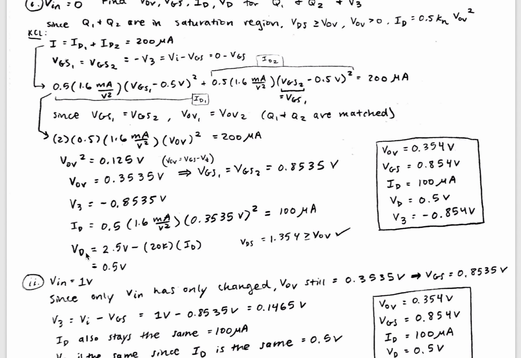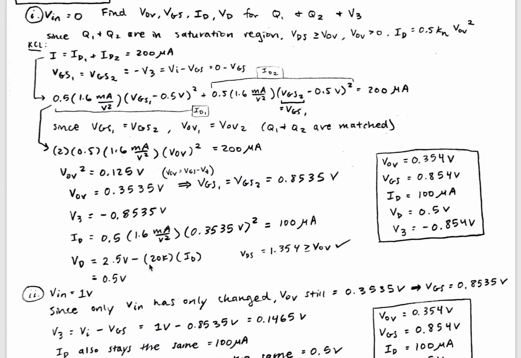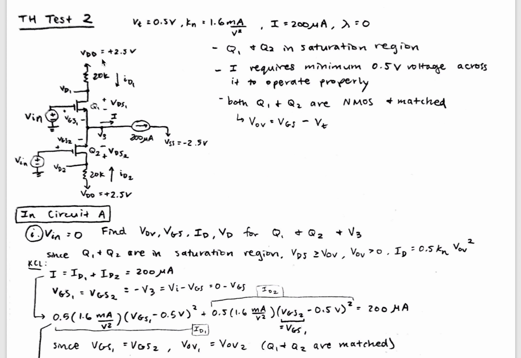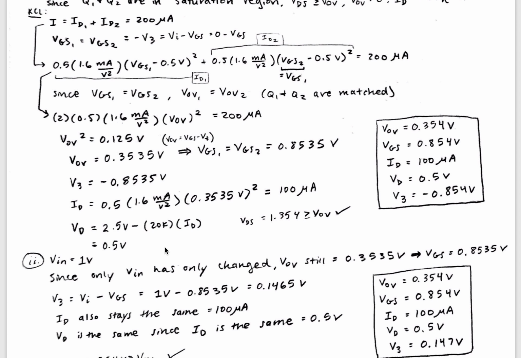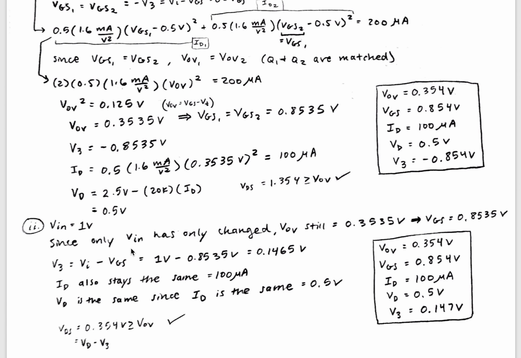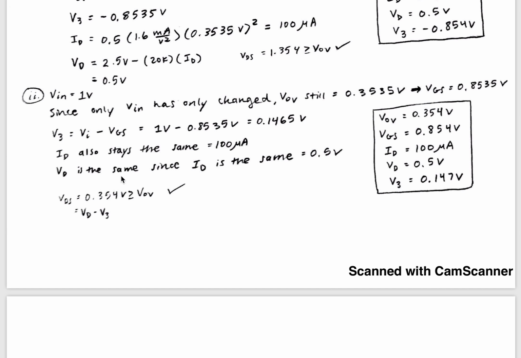And then we can also find VD by using this portion of the circuit up here and seeing that 2.5 volts minus 20k times ID equals VD. And so solving that for VD by plugging in the ID value from here, we get that VD is equal to 0.5 volts.